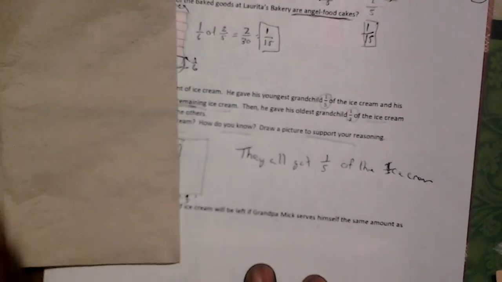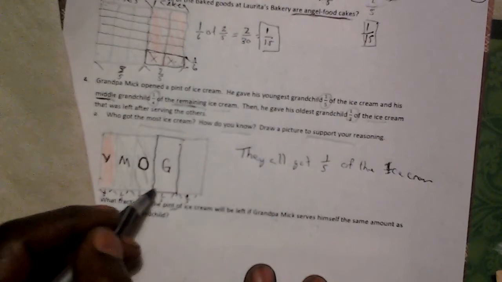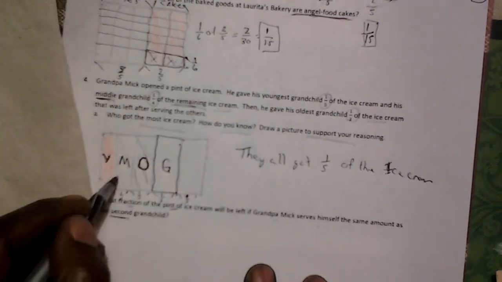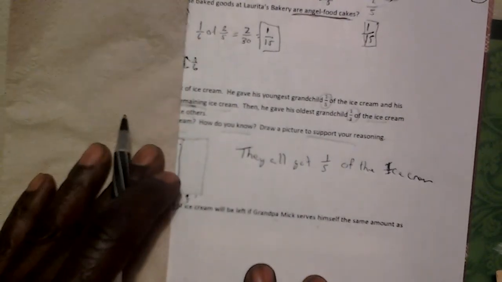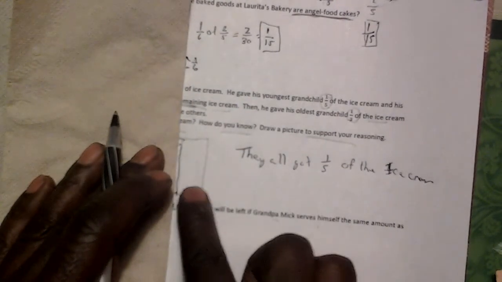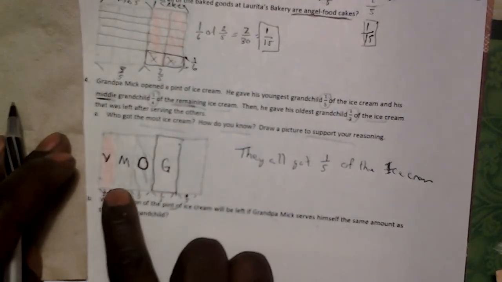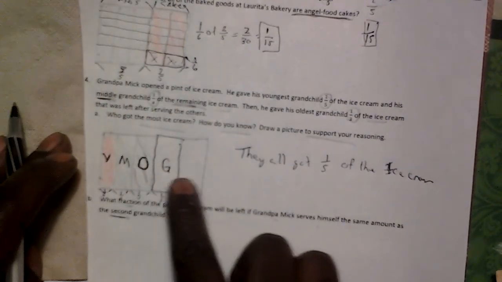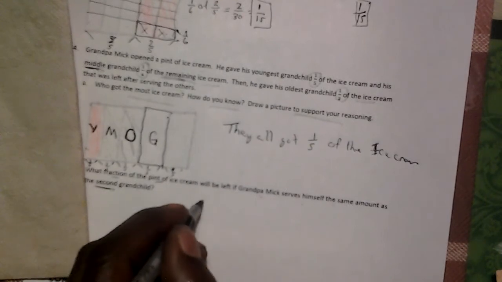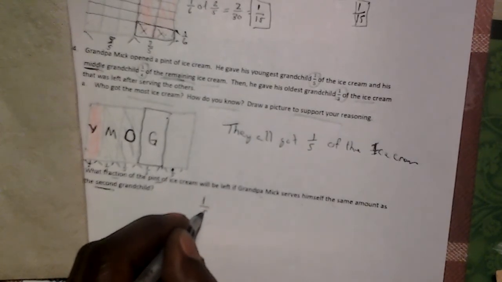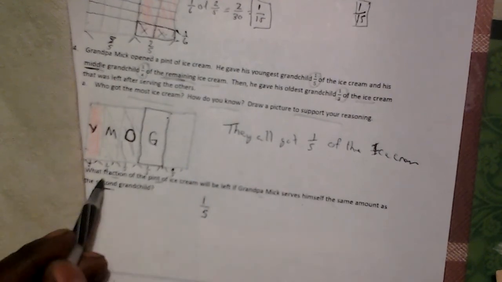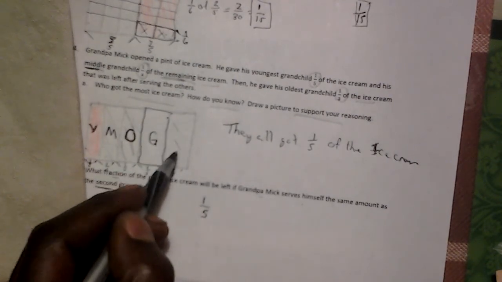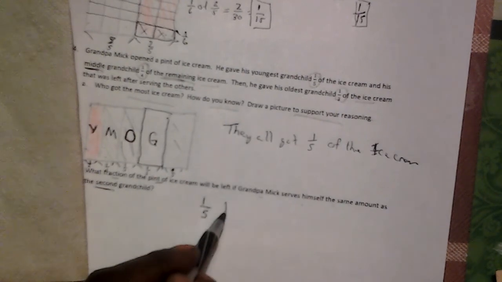So Grandpa eats that because he gets the same. Everybody got 1/5, right? What's left when Grandpa's done? Is 1 piece out of 1, 2, 3, 4, 5. So Grandpa got 1/5. So what is left? This part is left. So 1/5 left.